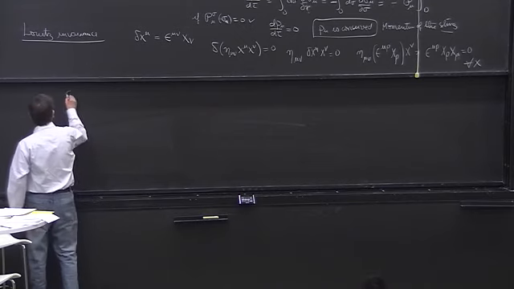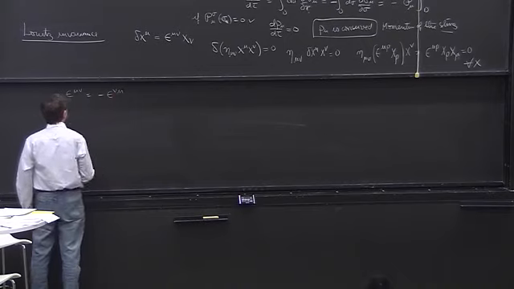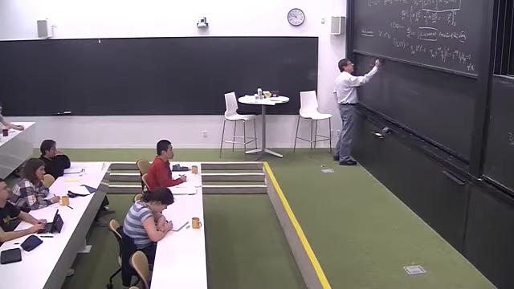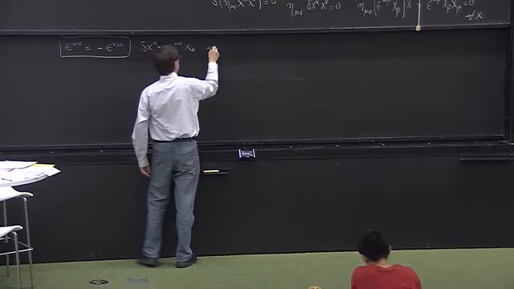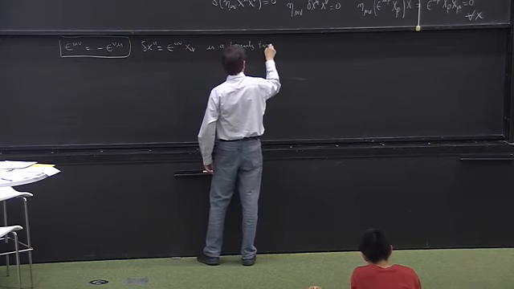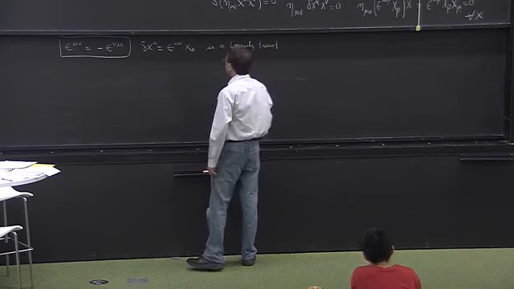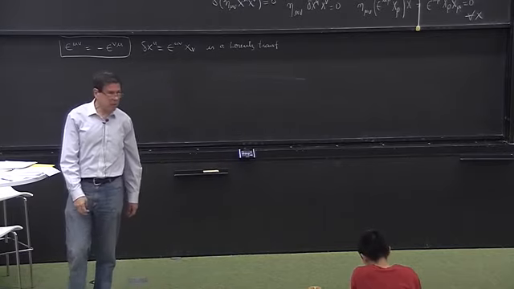So ε_μν equals minus ε_νμ. So with this condition, δx^μ equals ε^μ_ν x^ν is a Lorentz transformation. And that's why I told you it's the simplest thing in the world.